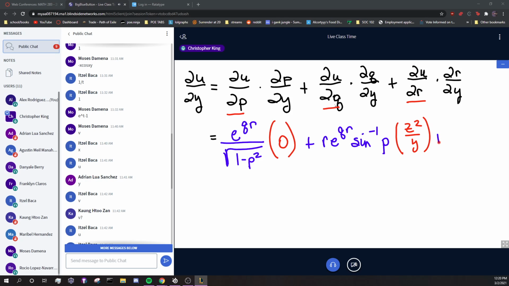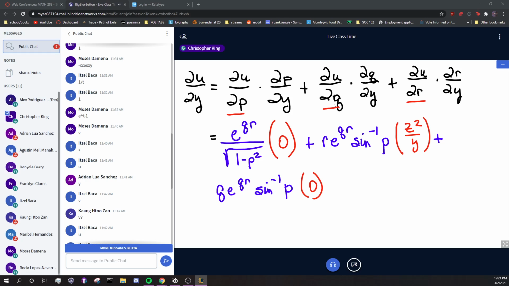And then we're going to have plus the partial of u with respect to r. So that is going to be qe to the qr times the sine inverse of p. And then we're going to multiply that by the partial of r with respect to y, which is going to be 0.